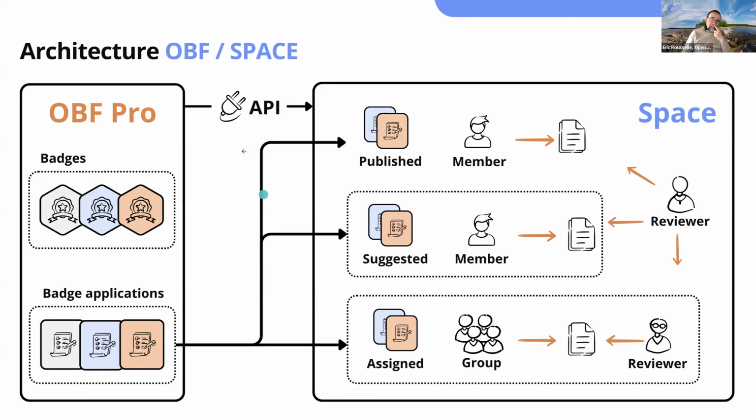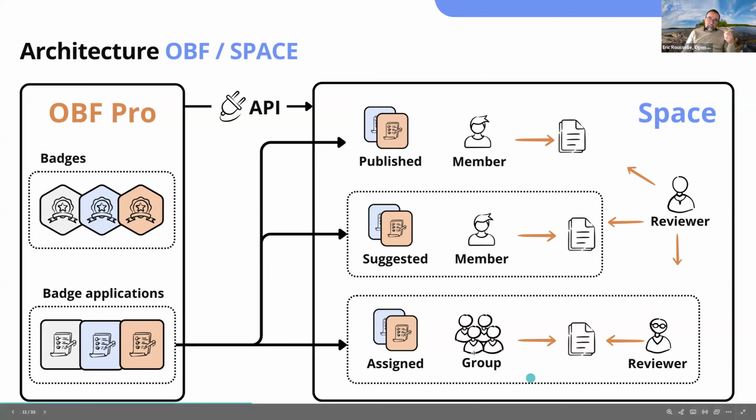So here you can see, when some badges are published, they can be published, as I said, to a single member. Okay, and then the reviewer, who is reviewer at space level, will be able to review the badge application of this member.